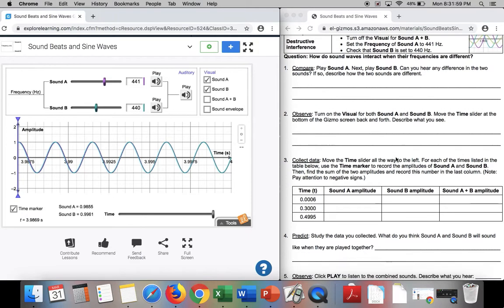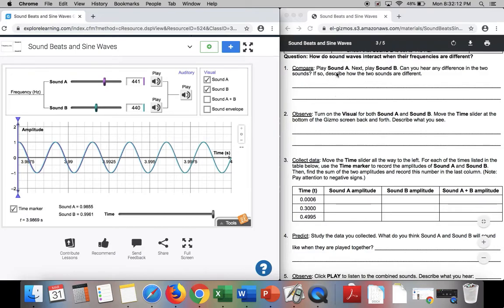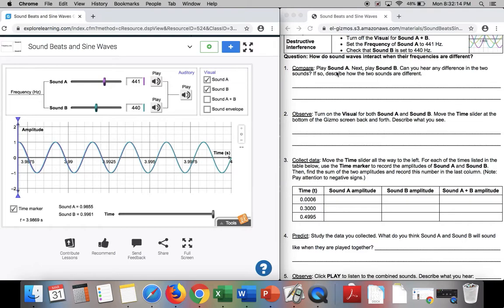All right, so the question for this activity wants to know how do sound waves interact when their frequencies are different. So we're looking at destructive interference. We're going to play sound A, and then we're going to play sound B. Then we're going to see if we can hear a difference between the two, and if so, describe it.